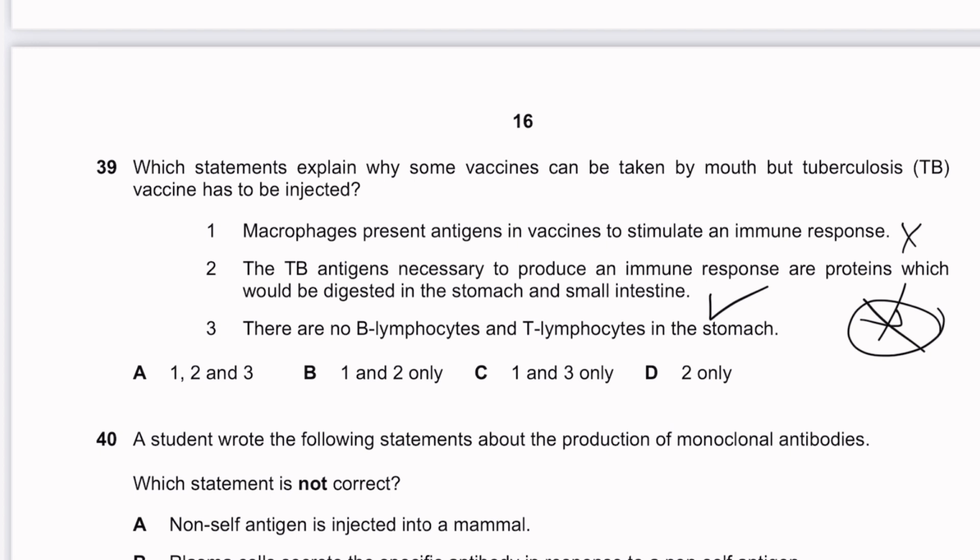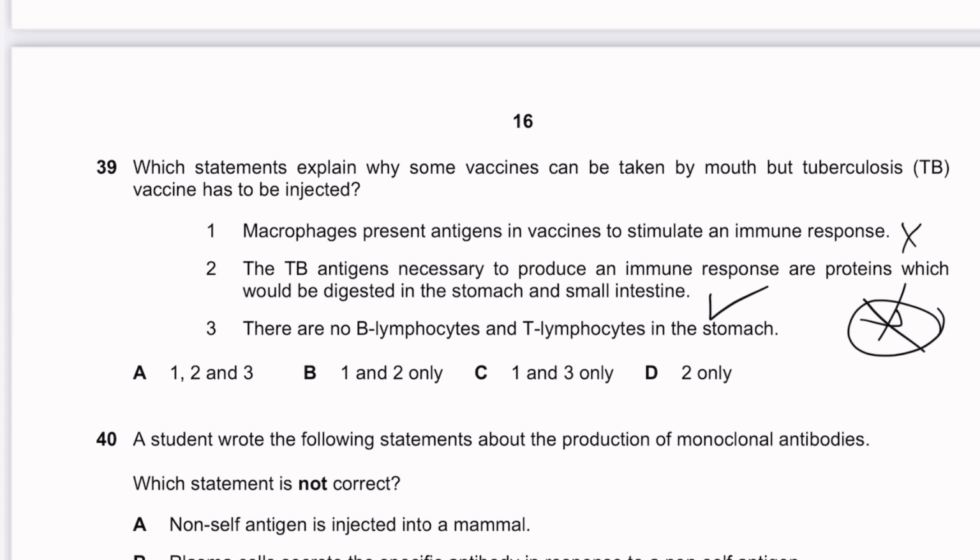No, moving on. There are no B lymphocytes and T lymphocytes in the stomach. This is a false statement. This is not the reason that it's not taken in by mouth. It could be taken in by mouth, and then antibodies can move right into the stomach. The B lymphocytes and T lymphocytes do not have to be there necessarily, and we don't really study this as part of our syllabus, so we shouldn't just immediately assume that this is right, because we do not know.